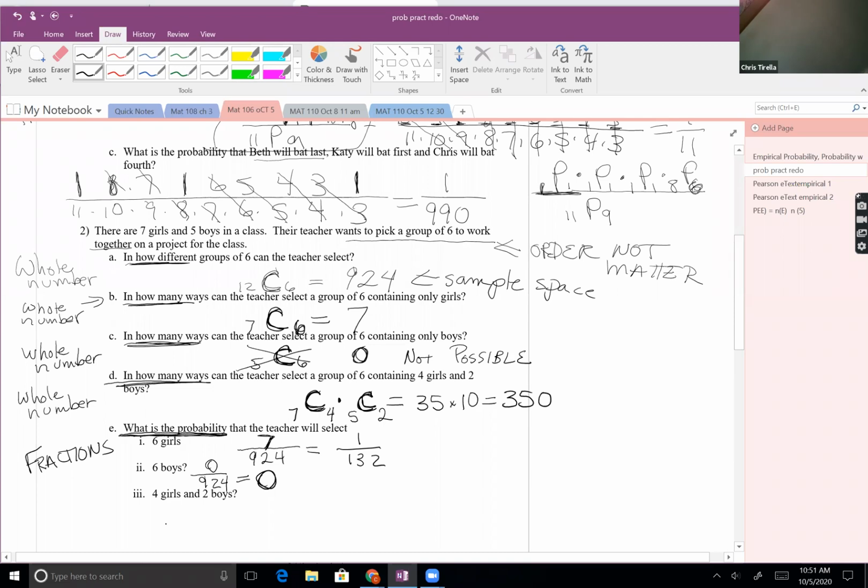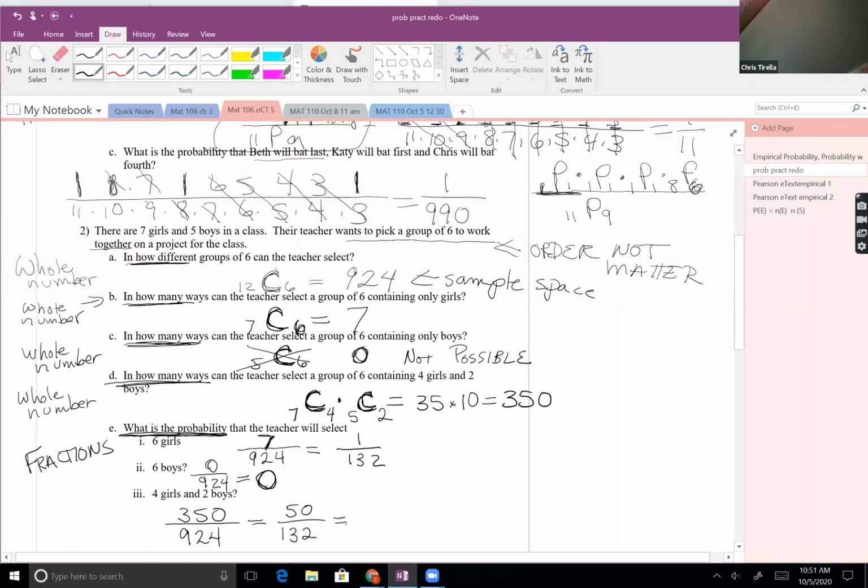And in the last one, again, my sample space is still that 924. Did we figure out how many ways we can get 4 girls and 2 boys? 350. And so let's see. I think if I divide those by 7, I get 50 over 132.